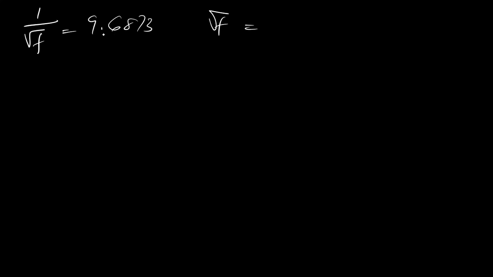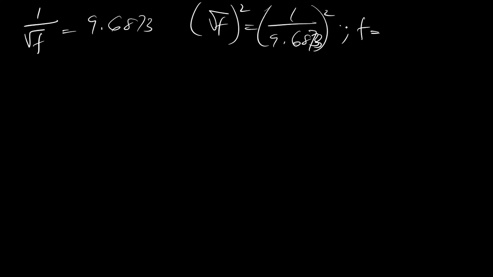The inverse of 9.6873 will give you 1 all over 9.6873. Now, to get our f, you square both sides, you have your f. It implies that f is equal to 1 over 9.6873 all squared.